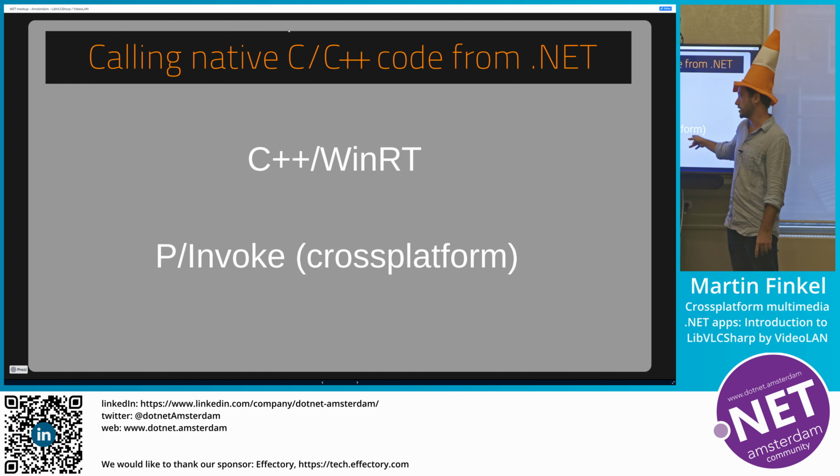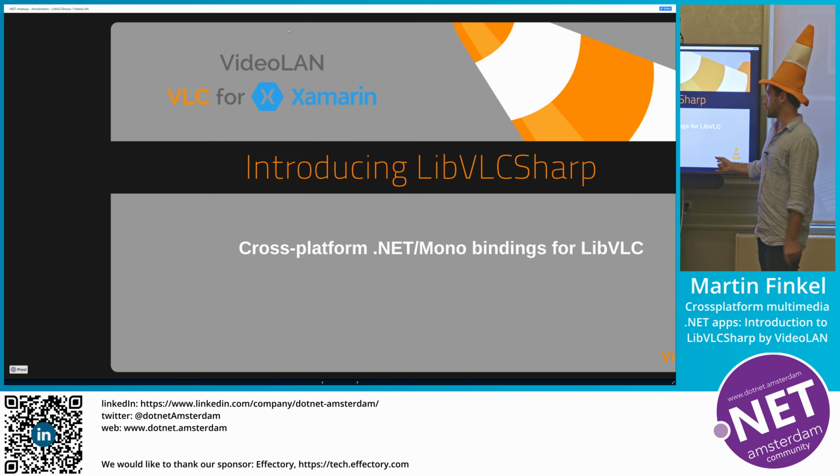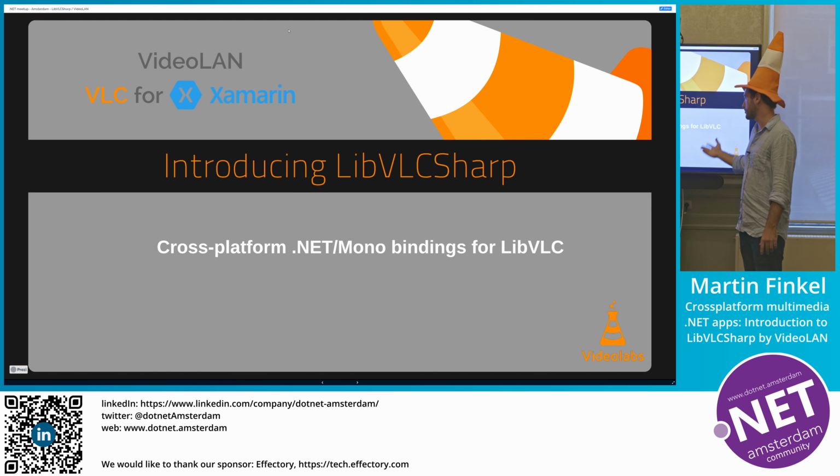And Platform Invocation Services is cross-platform and supported notably by Mono, so you can use it on mobile, on desktop, anywhere. So LibVLCSharp is using the second solution to be able to interoperate from .NET to LibVLC.